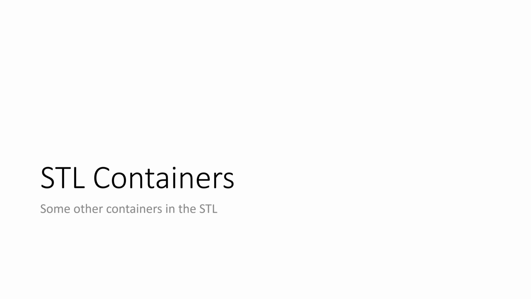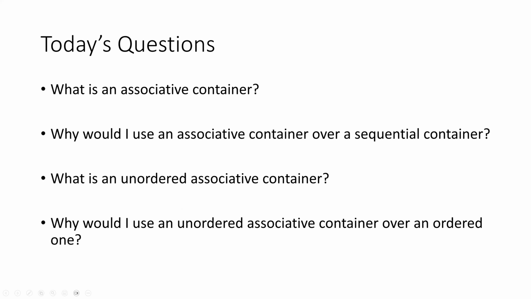So we're going to talk about a few more STL containers. Okay, so far you've learned about two STL containers, vector and list. Vector and list are sometimes called sequential containers. The reason called sequential containers is basically the order you put things into them is the order they come out in.